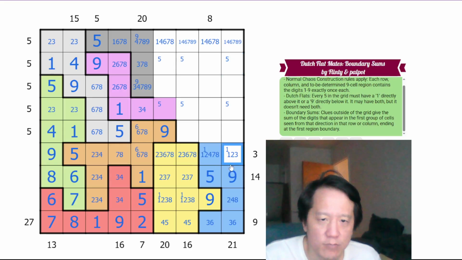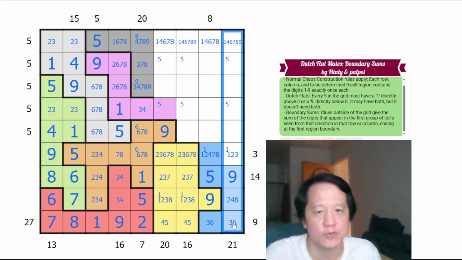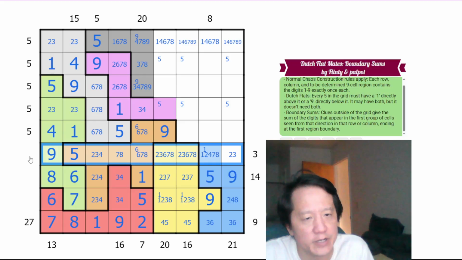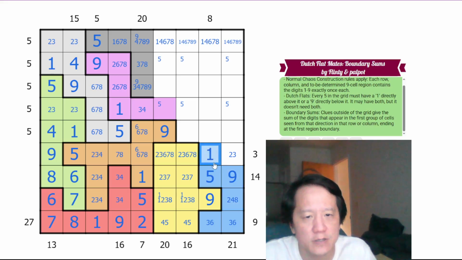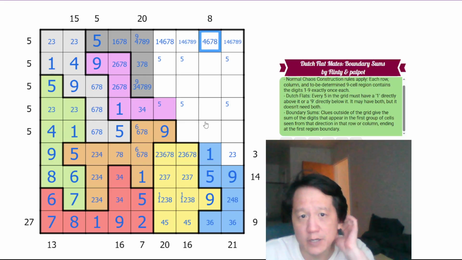This can't be 1 here. If this were 1, the 5 in the column would not have a 1 above it or a 9 below it. So where is the 1 in row 6? It has to be here. So that's 1. That means this can no longer be 1.